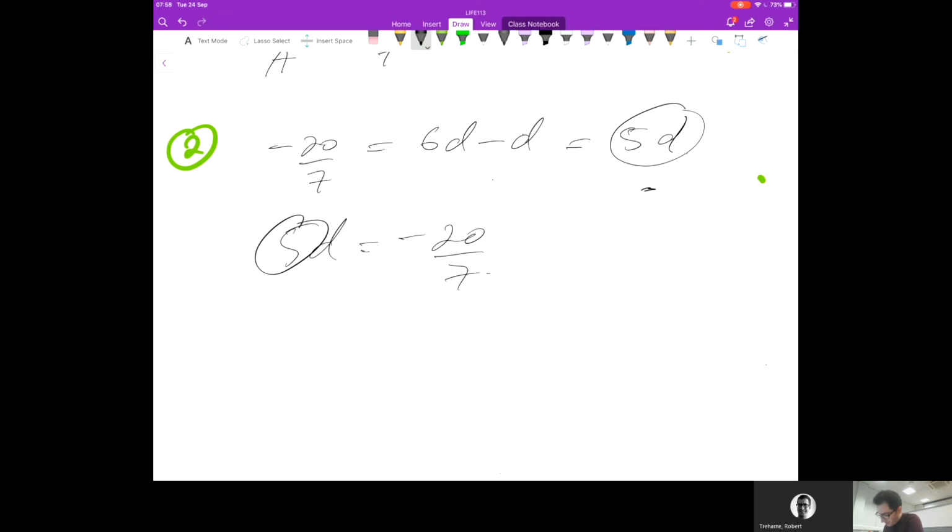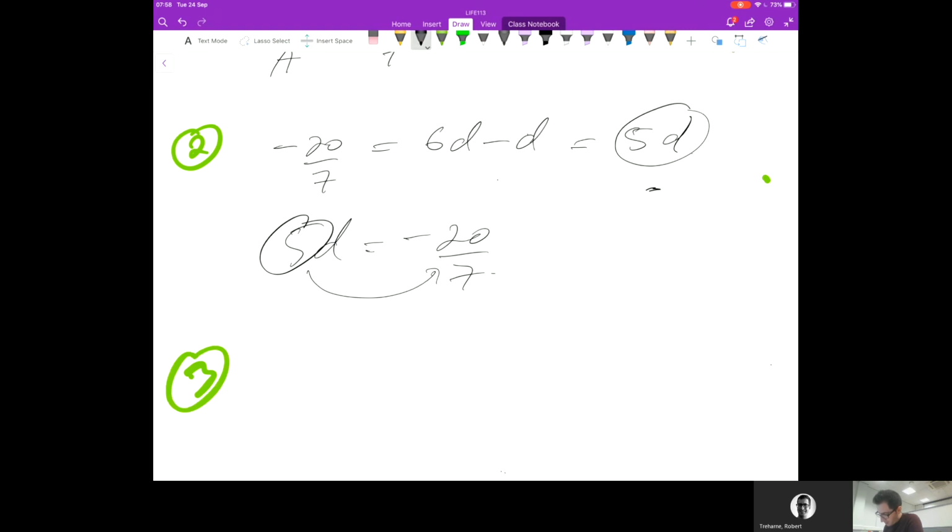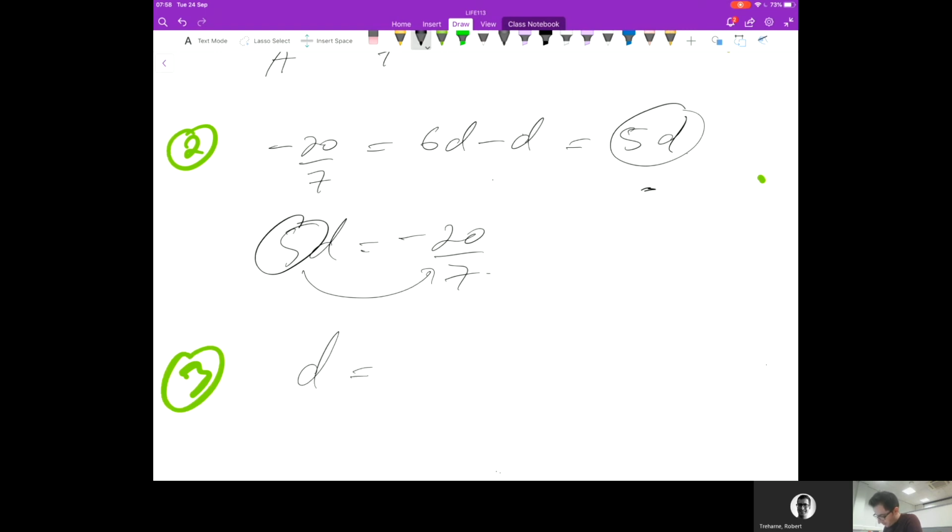Doing that is essentially the same as taking the 5 over and dividing it here. So D is equal to minus 20 over 7 times 1 over 5. That is the same as, you can multiply these two numbers on the bottom, that's minus 20 over 35.